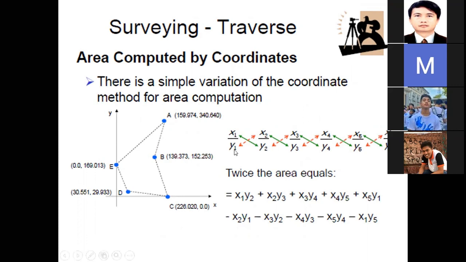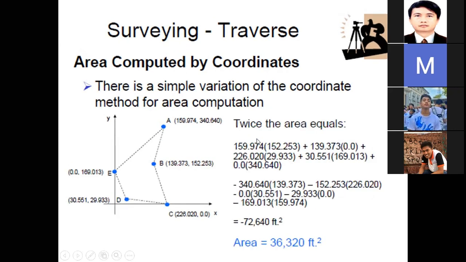We simply list down the x and y values of our points from point A to point E: A, B, C, D, E. Then we repeat the first point, point A. We multiply x1 times y sub 2, along the backslash diagonals: x1 times y2 plus x2 times y3. Then the products along the forward slash diagonals, x2 times y1 and so on. It is plus for all the backslash products, then minus for the forward slash products. This gives us the expression, which is equivalent to twice the area.